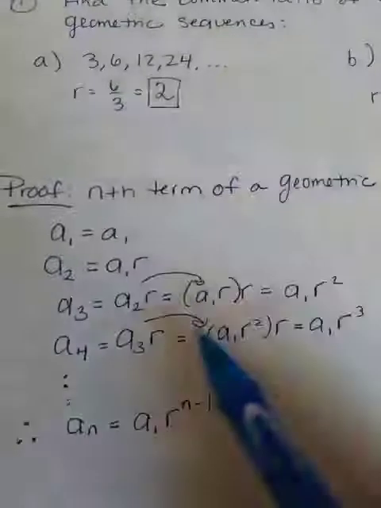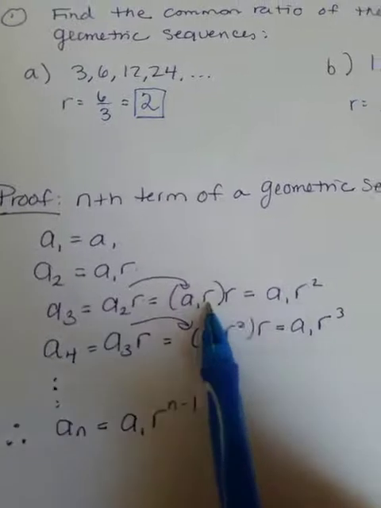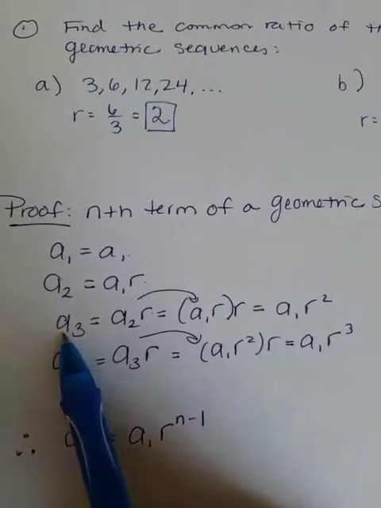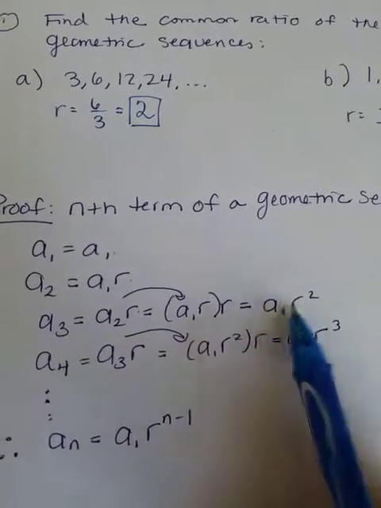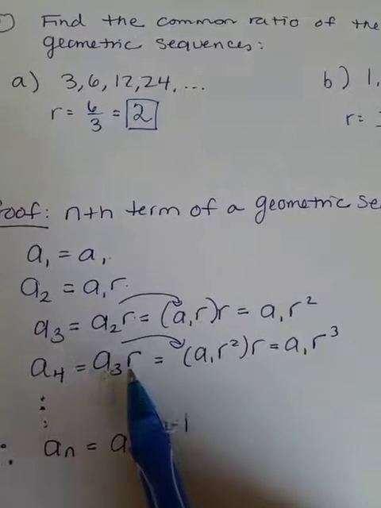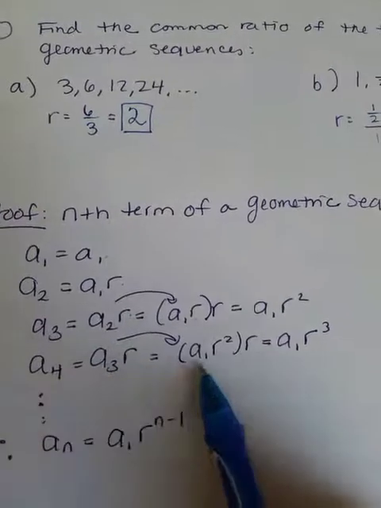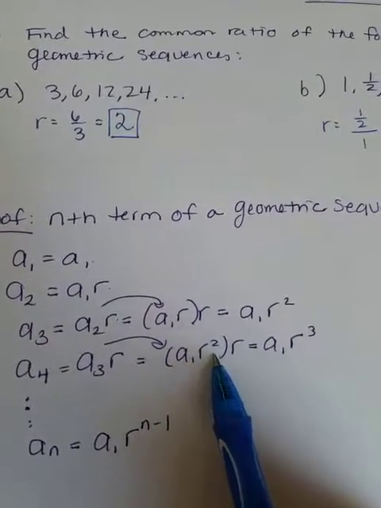Okay, so a sub 2 we know is a sub 1 times R, so making that substitution in, another way to think of a sub 3 is really a sub 1 times R squared. A sub 4 would be a sub 3 times R. We know a sub 3, another way to write that is just a sub 1 times R squared.